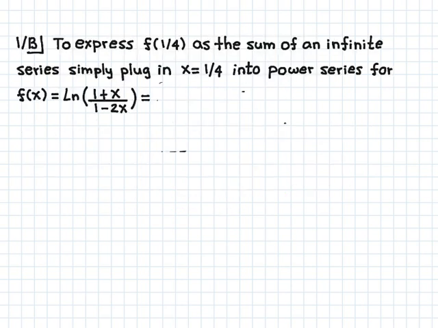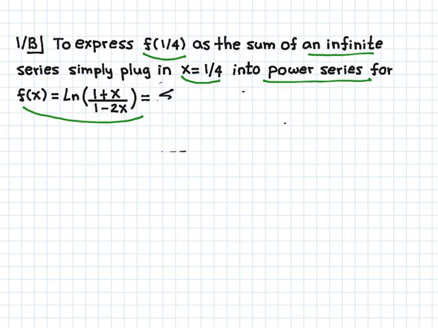So here we have: express f of 1/4 as the sum of an infinite series. So that's what we have to do for this question. Well, all we have to do is plug x equals 1/4 into the power series for f of x, which is equal to log of (1 plus x) divided by (1 minus 2x). We found this power series.